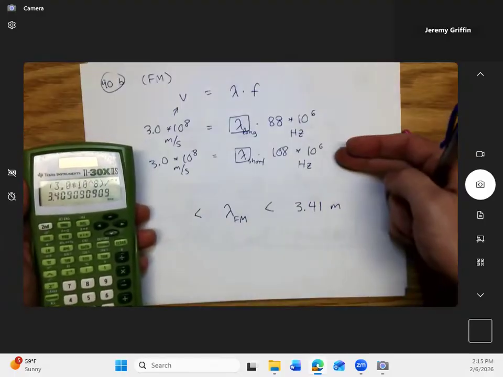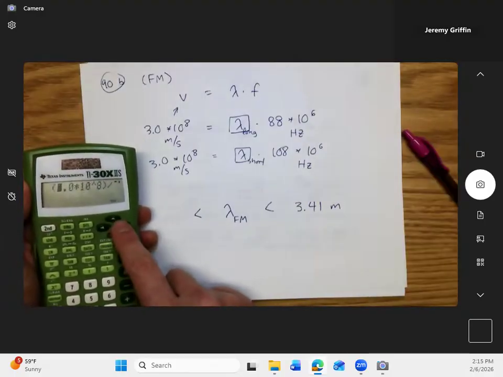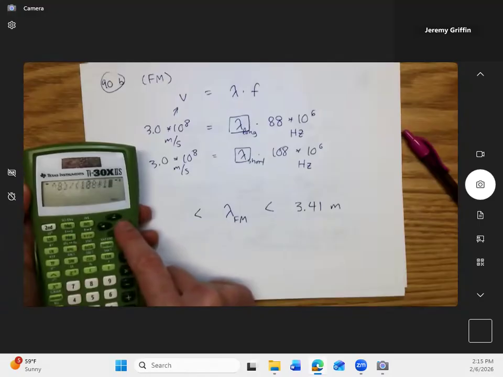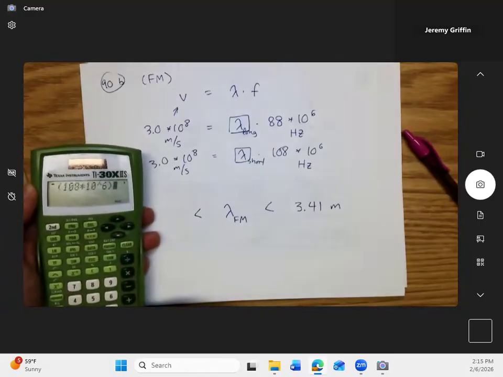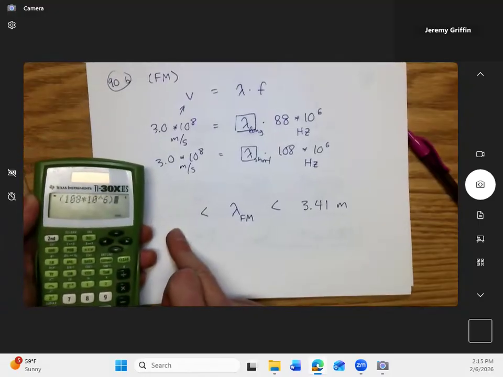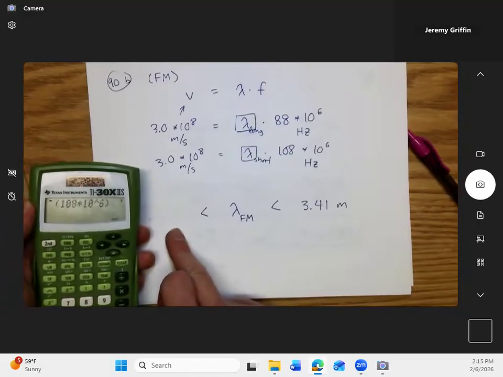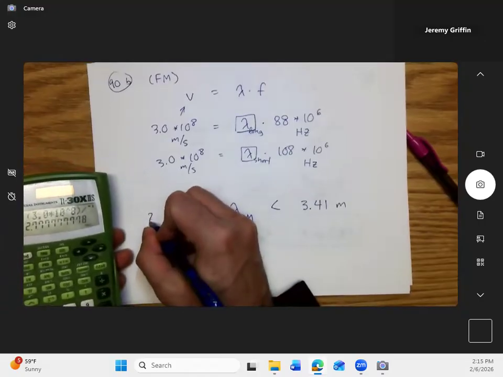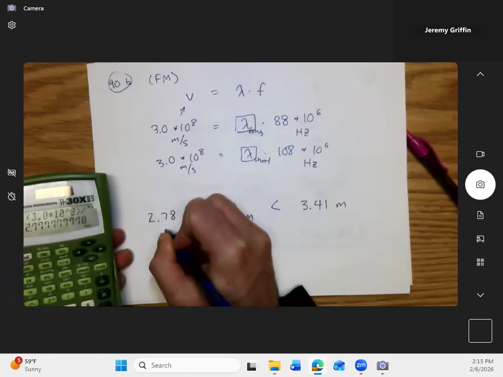Well, that would be answered by this other setup. So I'll scroll up, scroll over where the 88 used to be, and replace that with 108. It's still 10 to the 6. Okay, what do you get for the short end? 2.78. That's also meters.